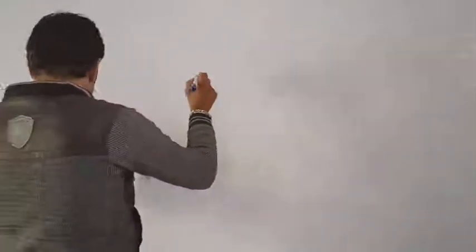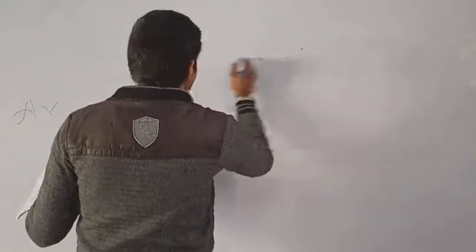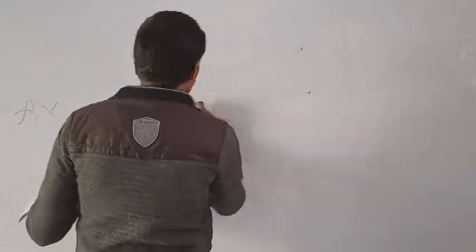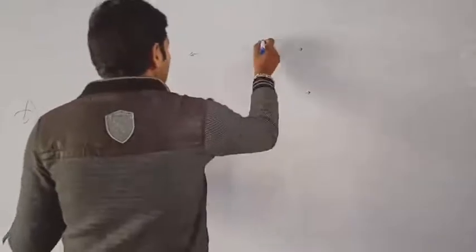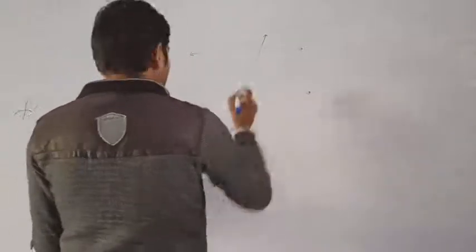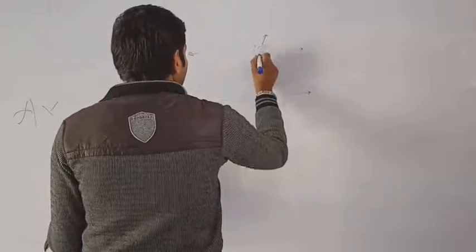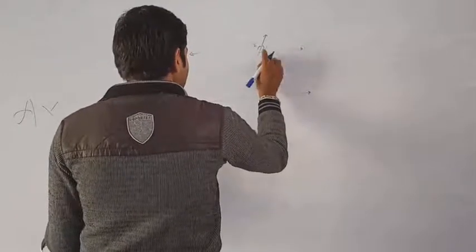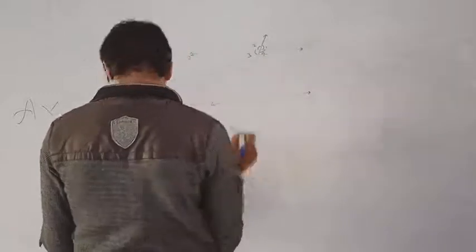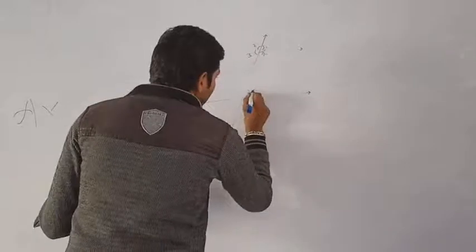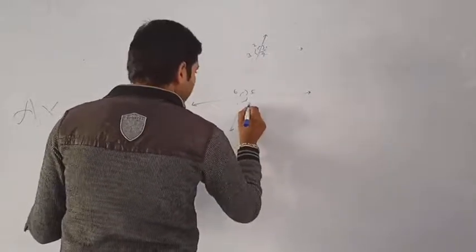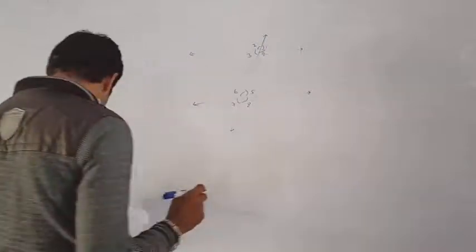Here you are given a figure. This is angle 1, angle 2, angle 3, angle 4, and this is angle 5, angle 6, angle 8, and this is angle 7.